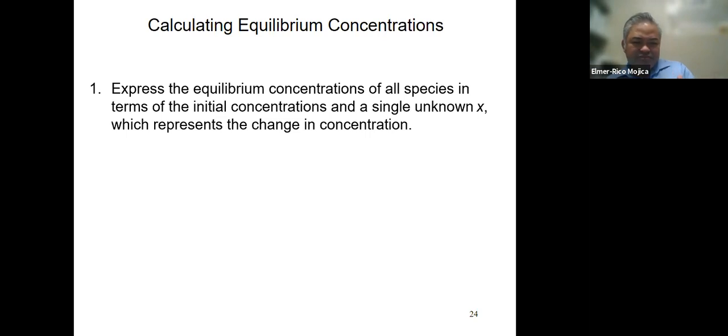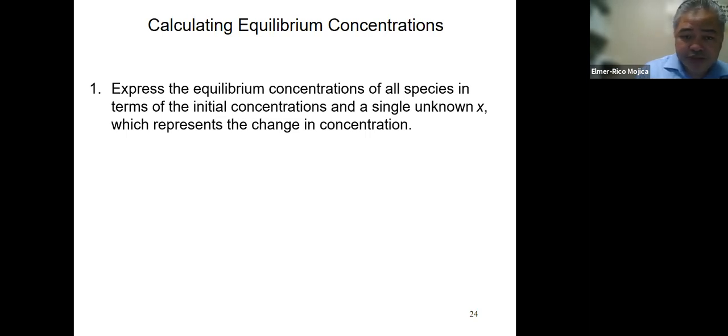Now what happens if you're just given the initial concentration and the KC, but you are asked to calculate the concentration at equilibrium of each of the species involved? How are we going to solve that problem? And this is the type of problem that we ask during the exam.